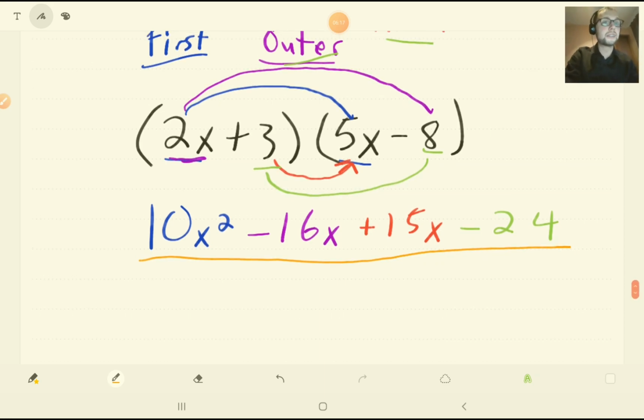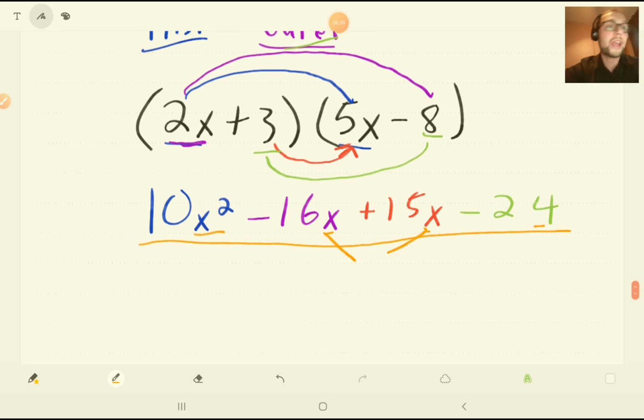This is the final equation that is left when we remove all the brackets, but it's not done yet because in math and science, when you can simplify, you should, or when you can add like terms, you should. X squared is not a like term with any of these because x and x squared are different. However, these two variables are like terms. They both have an x, so we can add or subtract them together. When we add negative 16 to 15, we end up getting negative 1x.